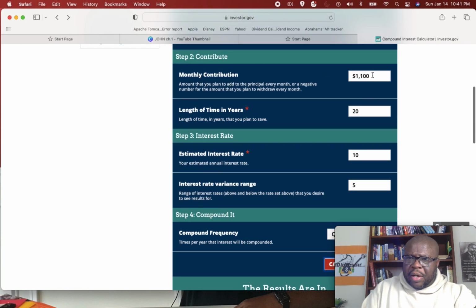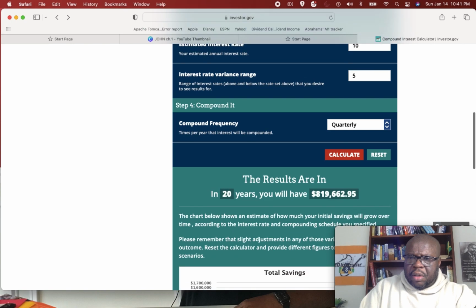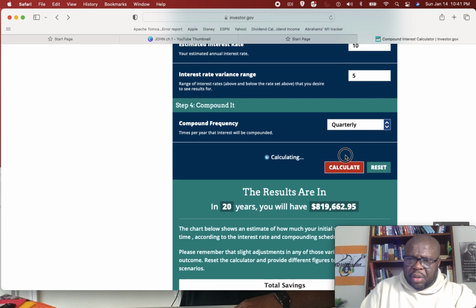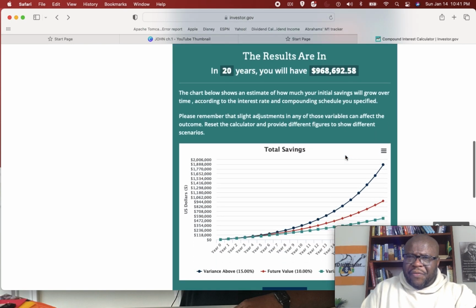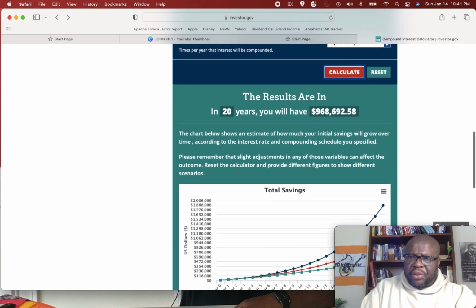Let's go to $1,300 a month, and the S&P 500 would take you to very close to $1 million, about $968,000. So $1,350 should do it.